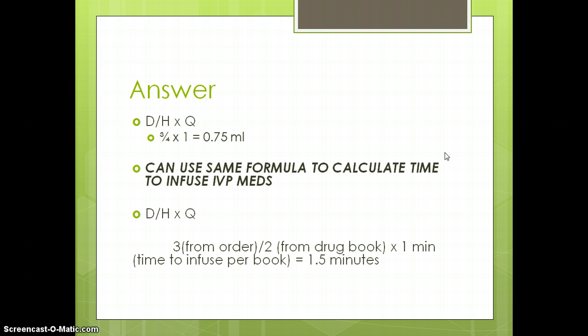Desired is 3 milligrams, and what the drug book said is 2 milligrams per 1 minute. So if you do the calculations, you can give 3 milligrams over 1.5 minutes.